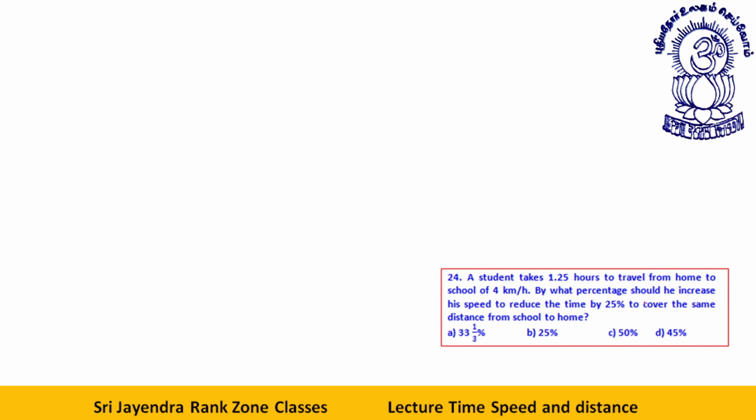By what percent should he increase his speed to reduce the time by 25% to cover the same distance from school to home? See, students, you don't need to take these values. Just leave them. Look, what should be the change in time? That T2 should be 25% less, that is 75% of T1, that is T2 should be 3 by 4.